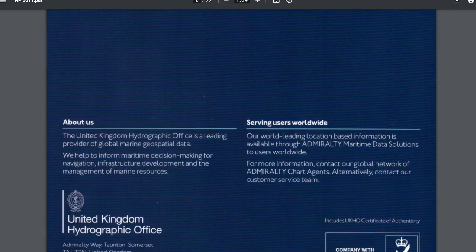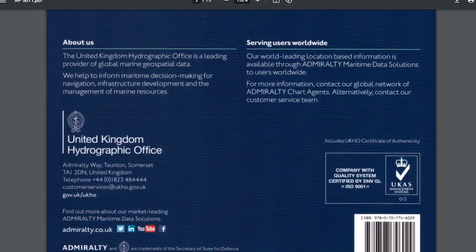And yeah, so basically, why we need to know about the symbols is because as a navigator of the ship, you need to know which areas of the sea or the ocean you need to avoid, and if you want to alter course to get away from a fishing boat or from some sort of traffic, you need to know whether you can alter to that particular side or not, because if there's a wreck there, you might be avoiding one close quarter situation, but you might end up getting grounded or something like that.